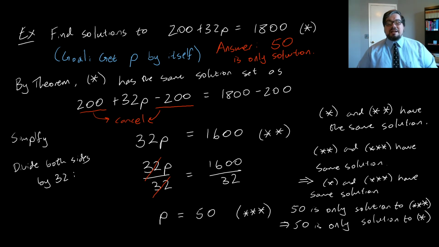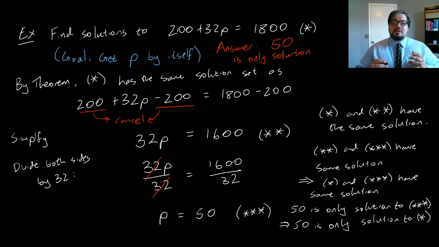And we did that by taking this equation and using the general algebraic principle, using the theorem that we had, twice in order to simplify this equation down a couple of times in order to get to an equation where the solution to the final equation is totally obvious. And this is the strategy that we're going to use in a lot of problems.